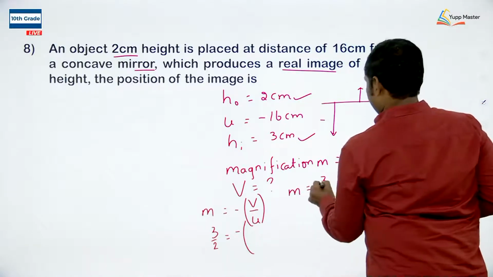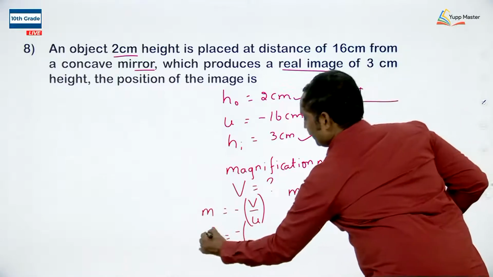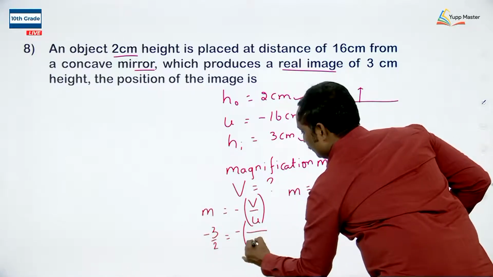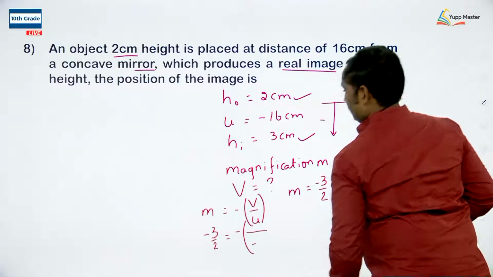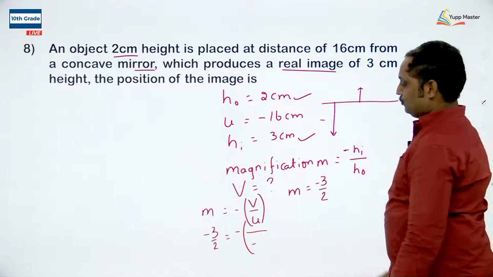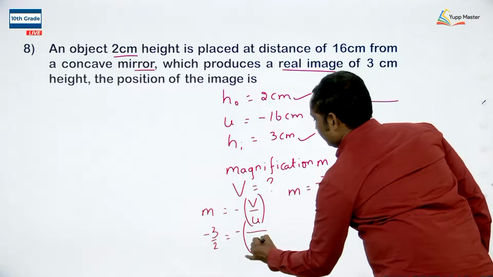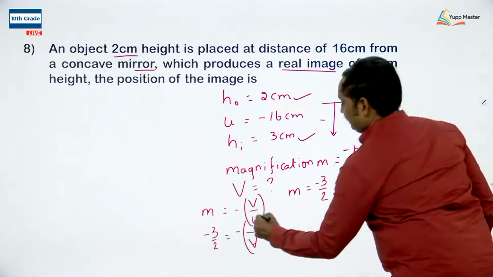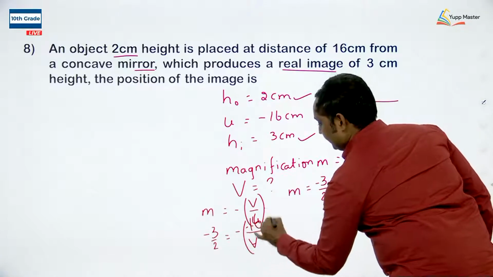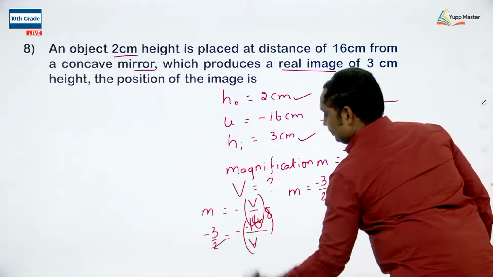Now, minus 3 by 2 is equal to minus v, where u is equal to minus 16. So, you will find that easily.